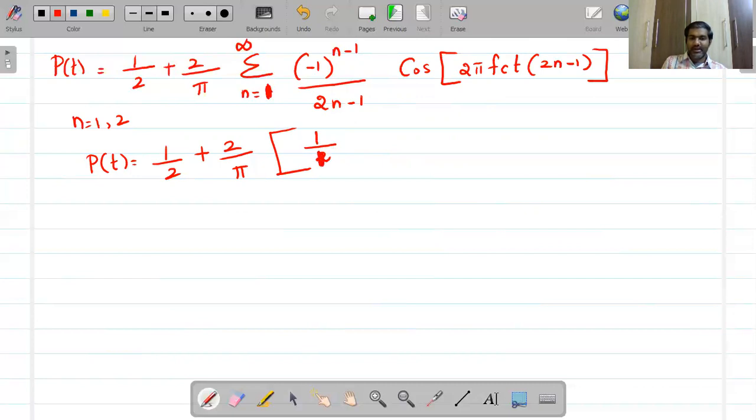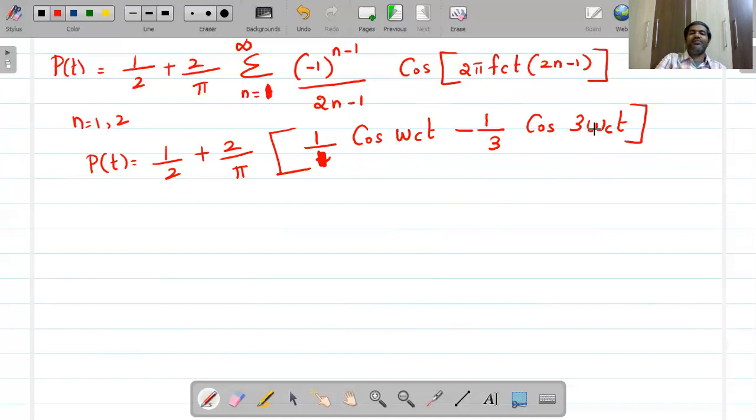It is 1 by 1 because n is equal to 1, so 2n minus 1 is 1. 1 by 1 cos of 2n, so for n equal to 1 it becomes cos omega ct. I am writing 2 pi fc as omega c. And if you substitute n equal to 2, you will have cos 3 omega ct.